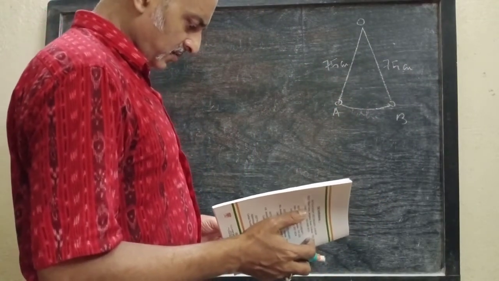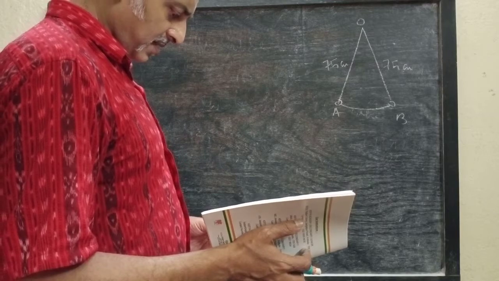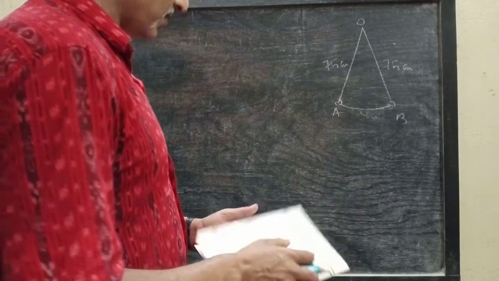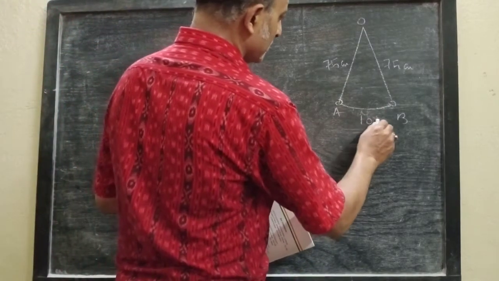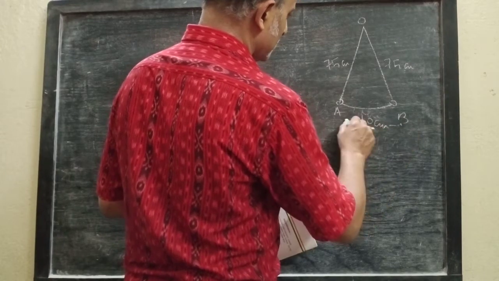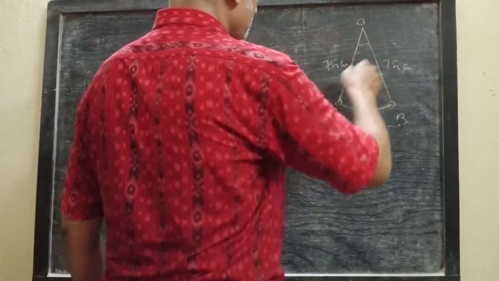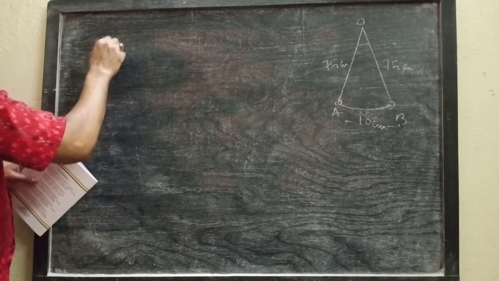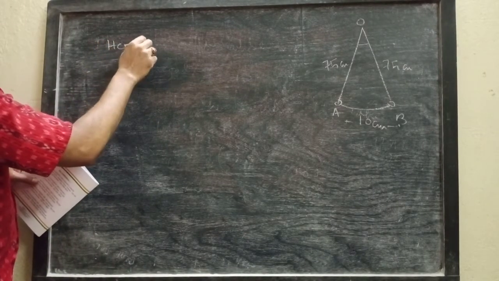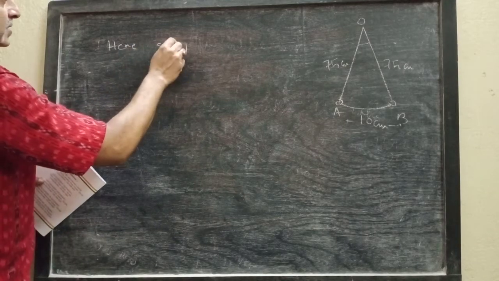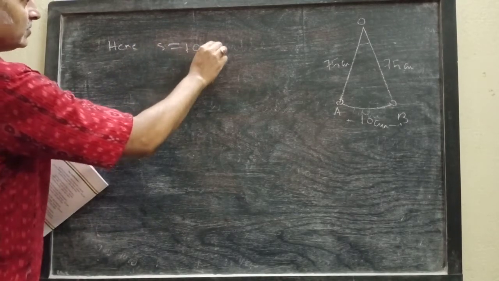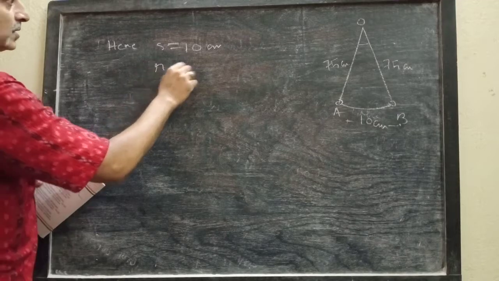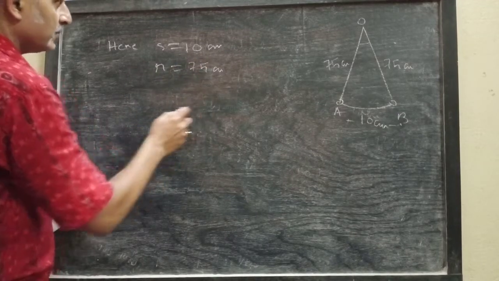Find the angle in radians through which a pendulum of this length swings if the tip describes an arc of length 10 centimeter. First, let us consider the length as 10 centimeter. You are asked this angle. So here, your AB is 10 centimeter, R is 75 centimeter.